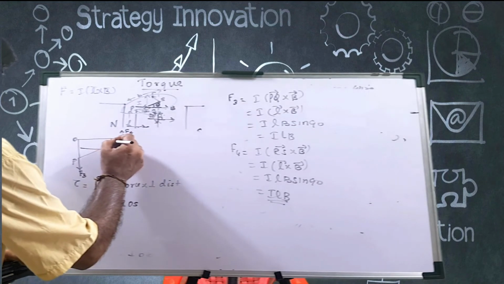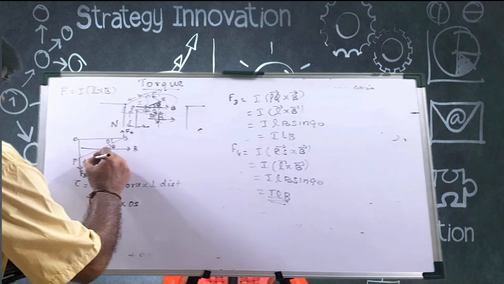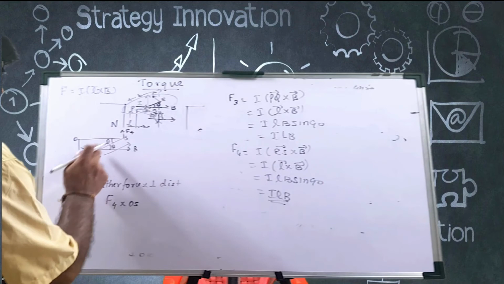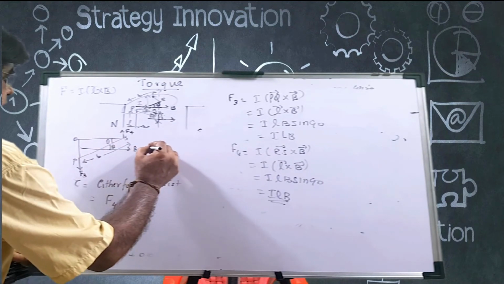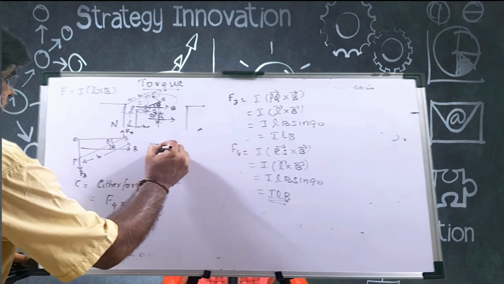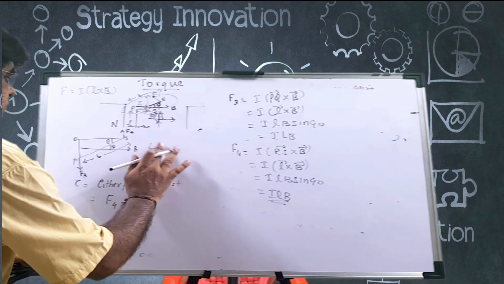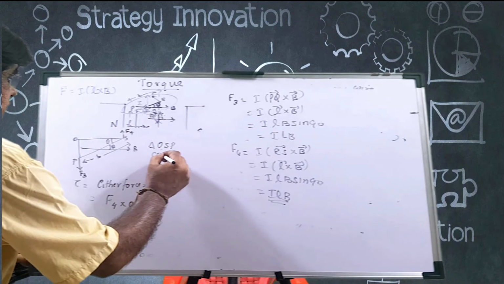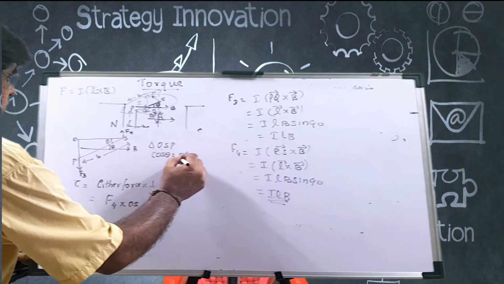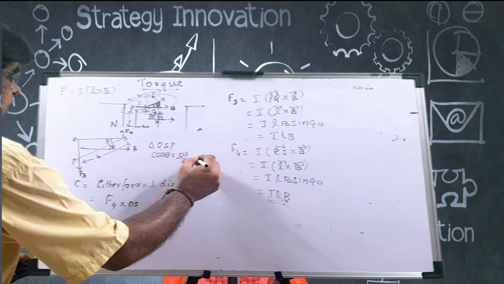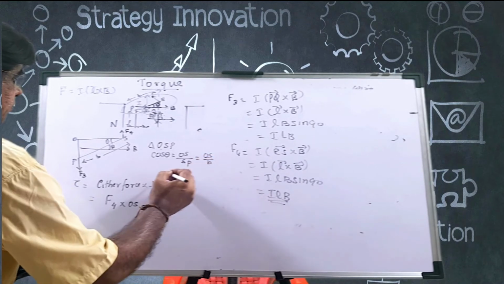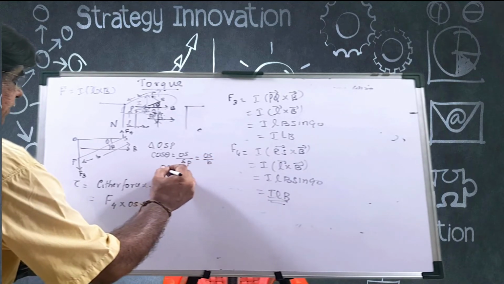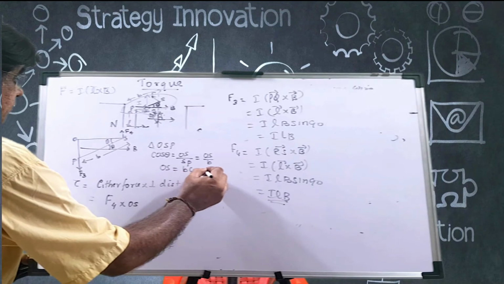Now this is theta, this will be theta, you know math. This is b, the breadth of the conductor. For this triangle OSP, cos theta will be OS by SP, or OS by small b. So OS will be equal to b cos theta.